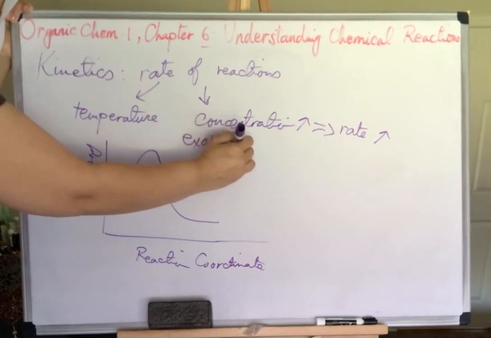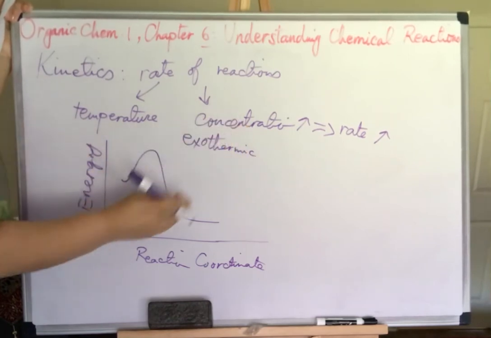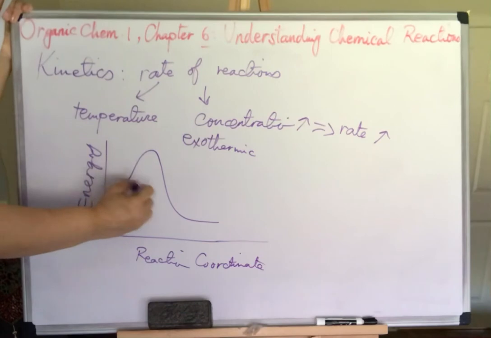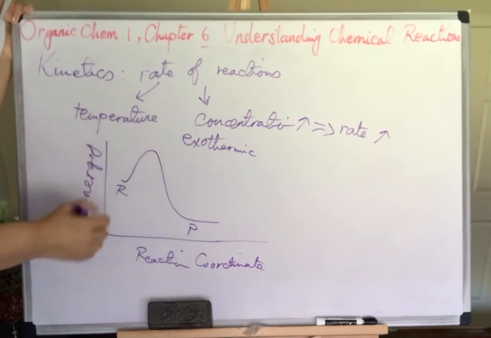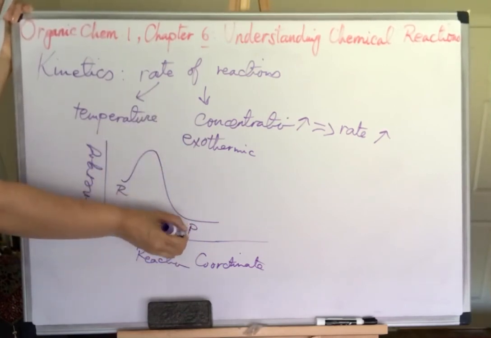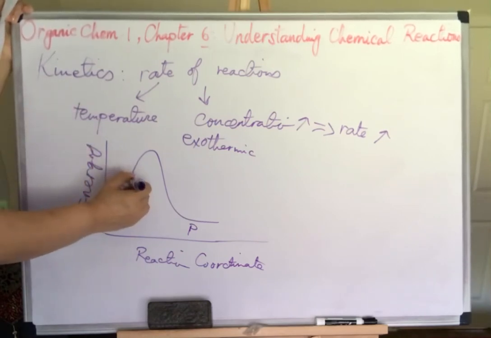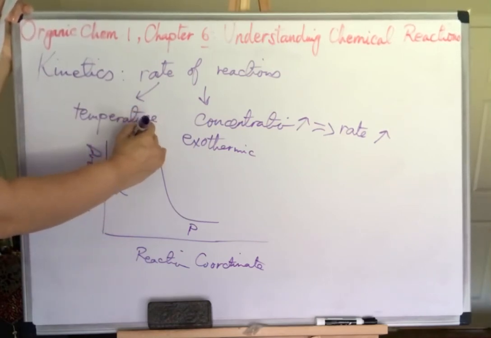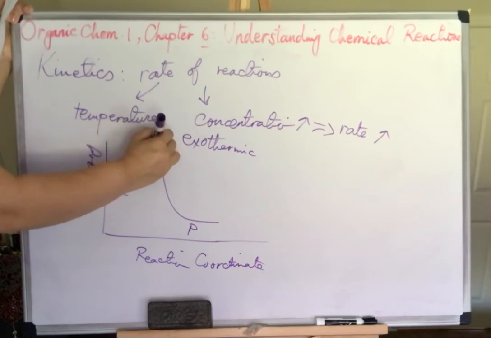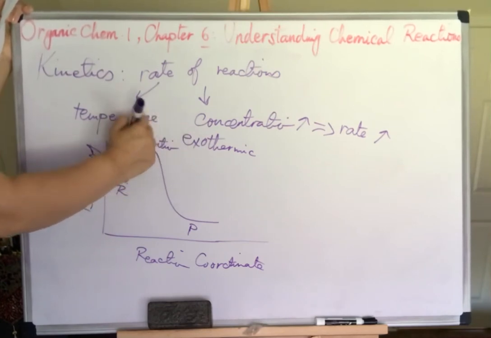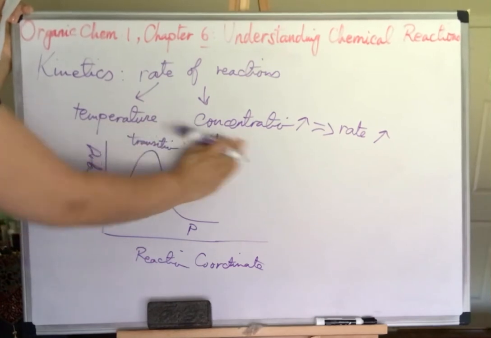Why? Because the energy level of products is lower than that of the reactants, meaning the reaction has released heat. So first of all, the top of the peak is called the transition state.